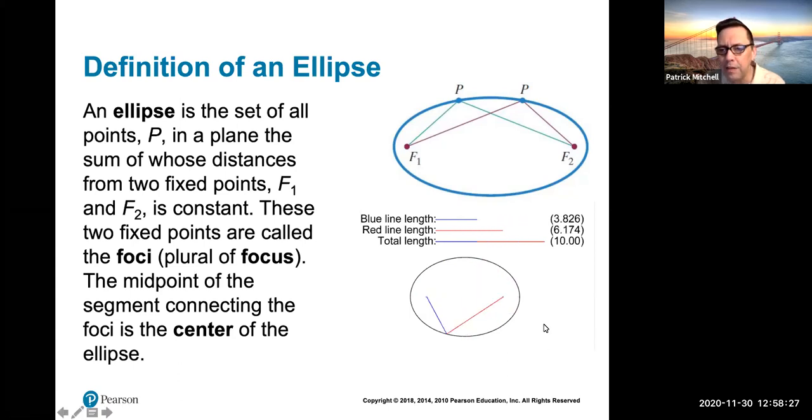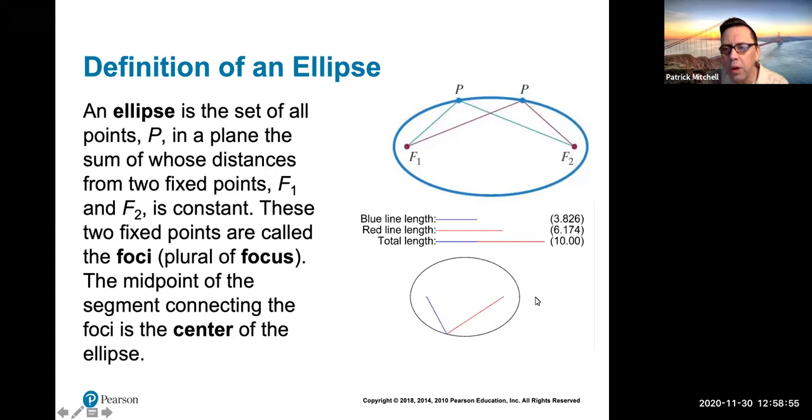I think this GIF, which I found on Google, does a pretty good job of illustrating how you make an ellipse. Imagine taking a piece of string and putting two pins in, let's say, a bulletin board, and then holding the string taut and tracing the curve with your pencil.